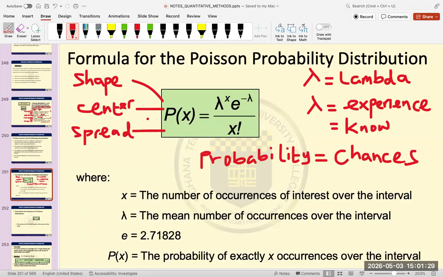Let's look at how to calculate the center of the probability distribution, which is the same as the mean, and then how to calculate the spread, which is the same as the standard deviation.